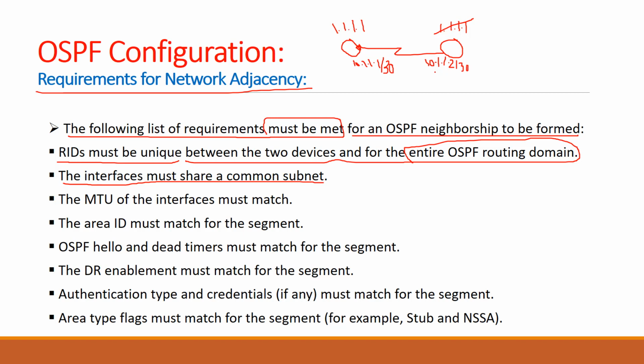If it is another IP other than this one, .4 for example, or .5, they will not be neighbors. So the interfaces must share a common subnet, which is here 10.1.1.0/30.